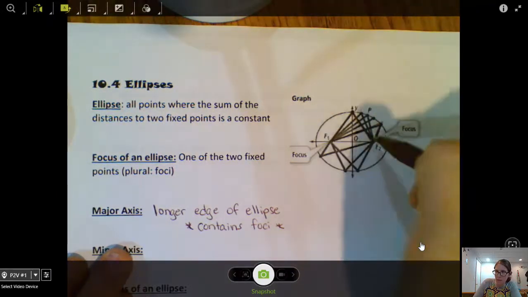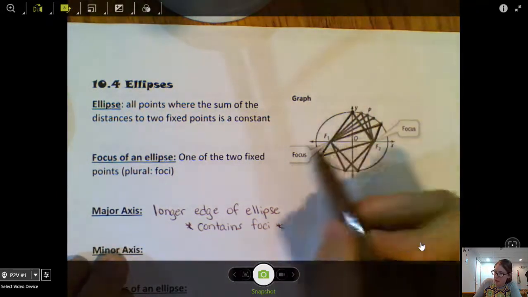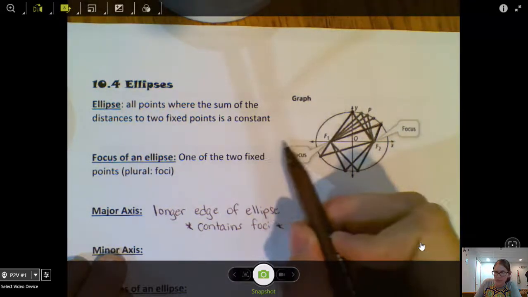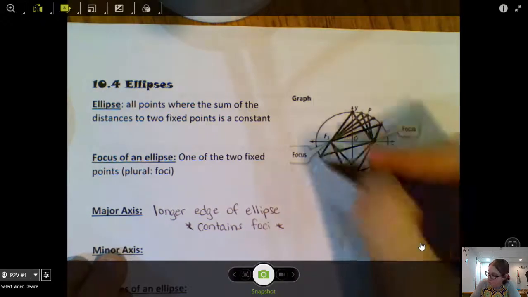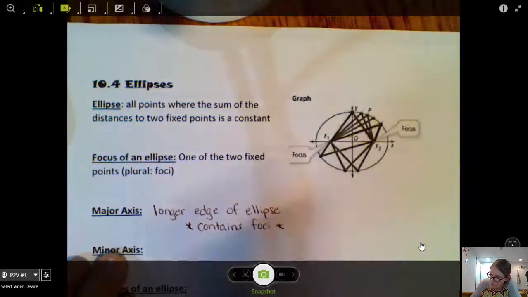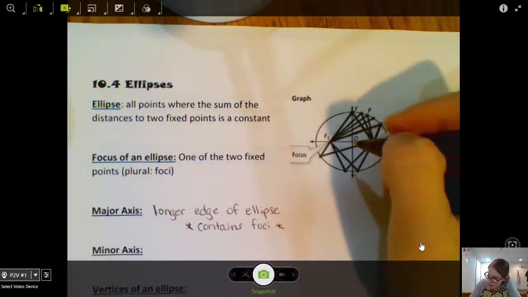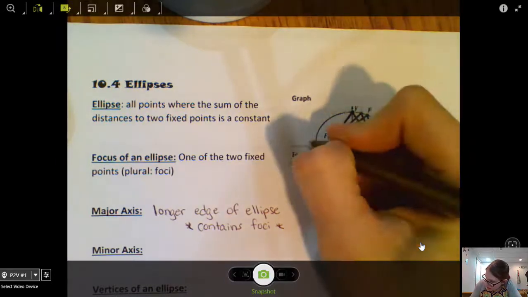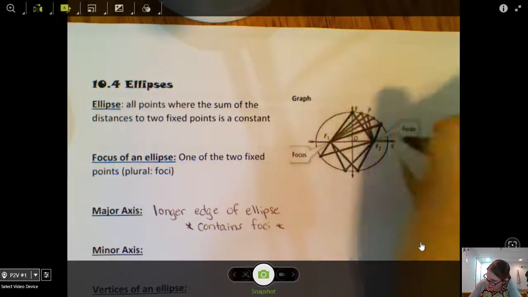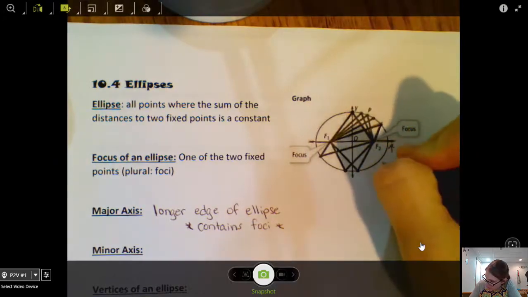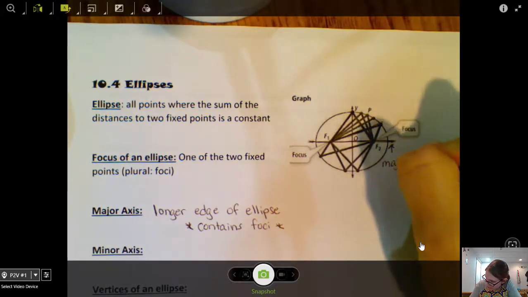So if I look at this diagram here, my major axis is horizontal. It's our, I guess, longer direction of your ellipse. This is our major axis.